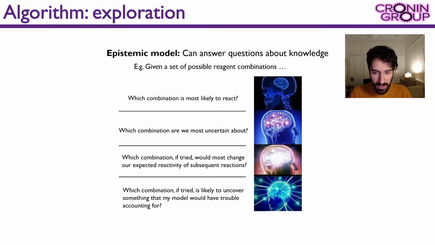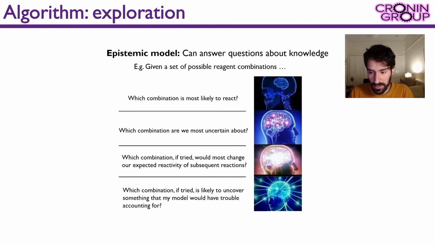So if you know something's reactive, then if you do the reaction and find out that it is indeed reactive, you don't find out much. But when you're uncertain about something, definitely doing the experiment will uncover things.